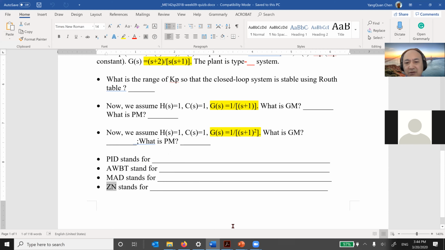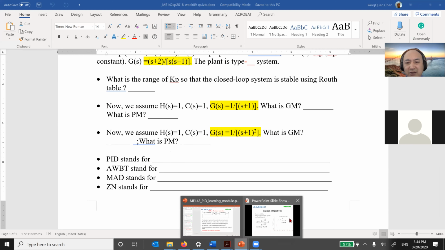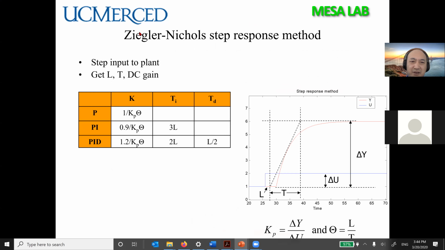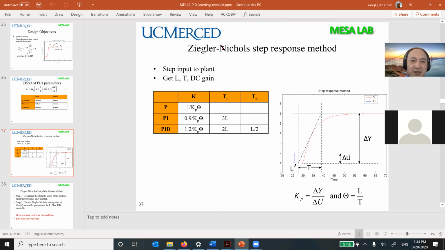Ziegler-Nichols tuning rule. ZN stands for Ziegler-Nichols. Basically, you have a system you want to control. You want to put a P or PI or PD, but I don't know how to choose K, TI, and TD.